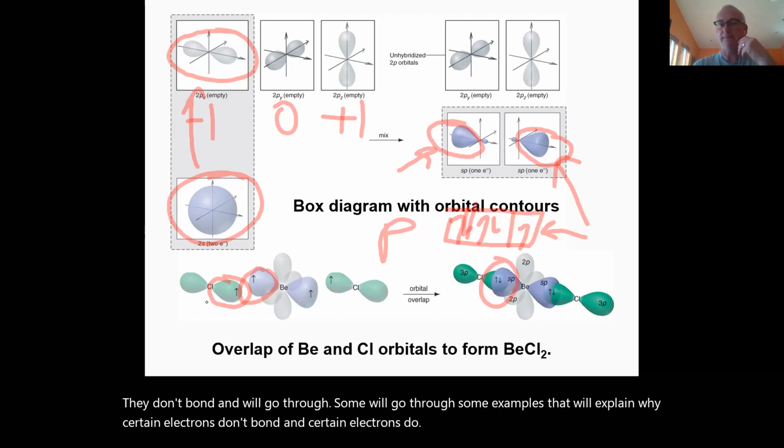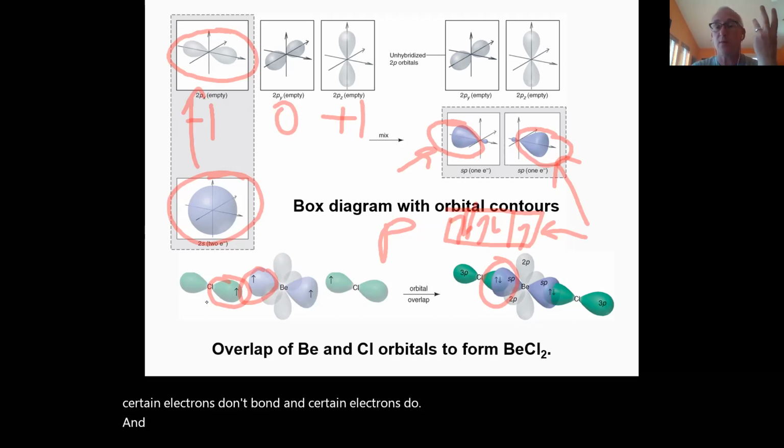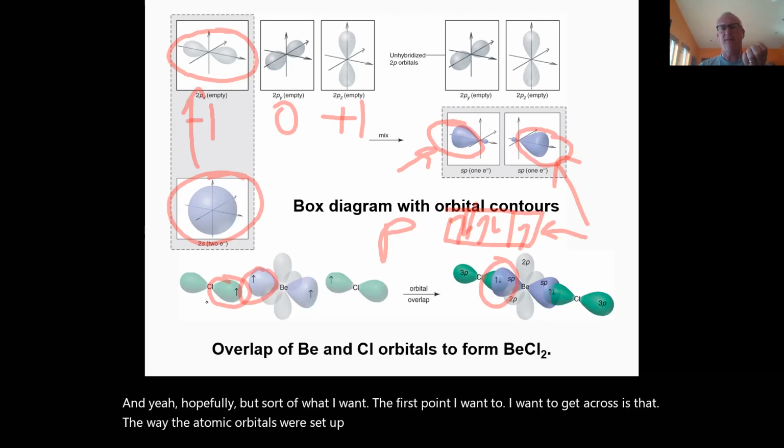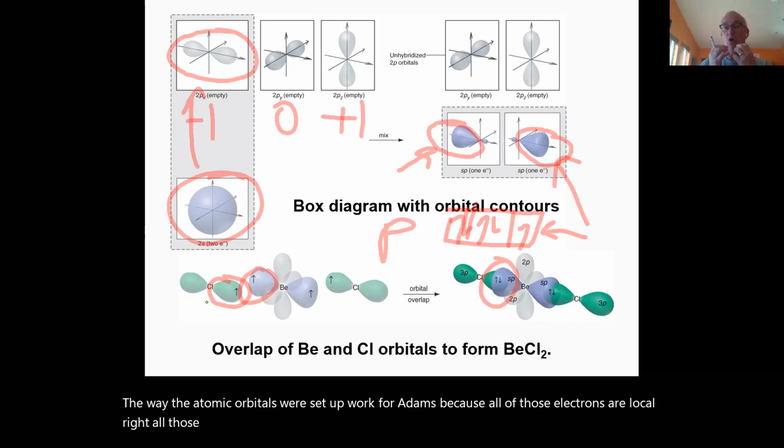Okay. Hopefully, the first point I want to get across is that the way the atomic orbitals were set up works for atoms, because all of those electrons are local to that atom. So those orbitals make sense.